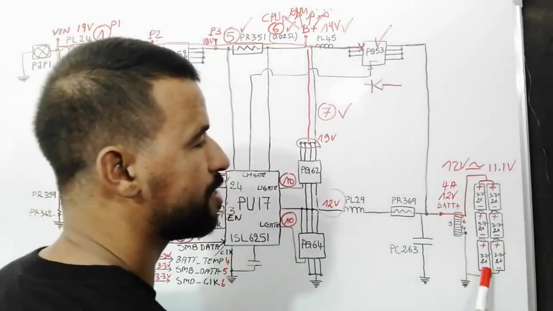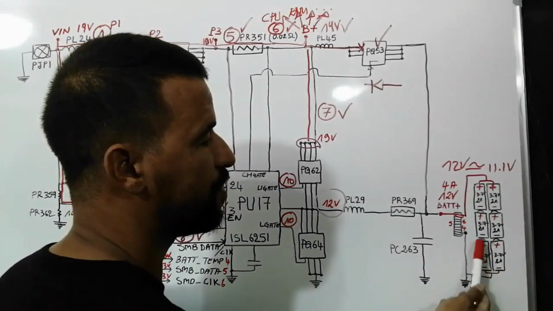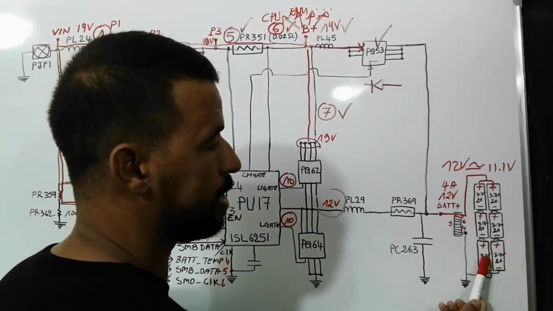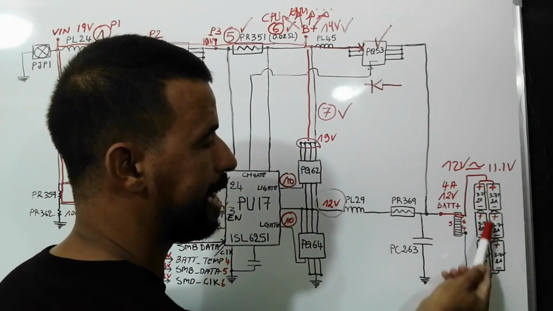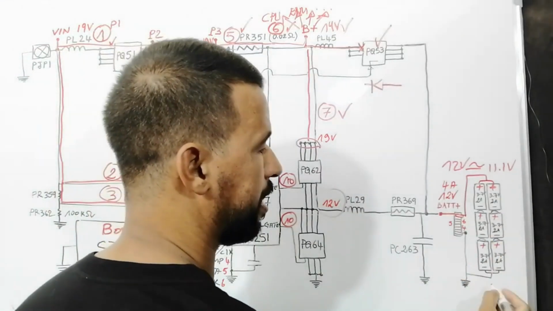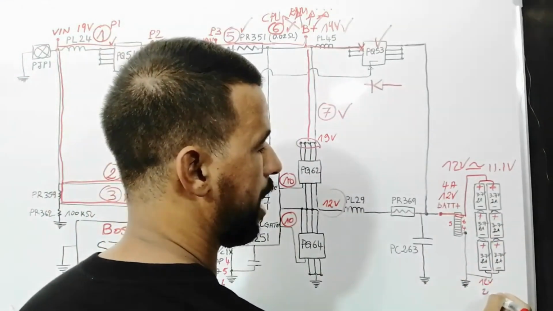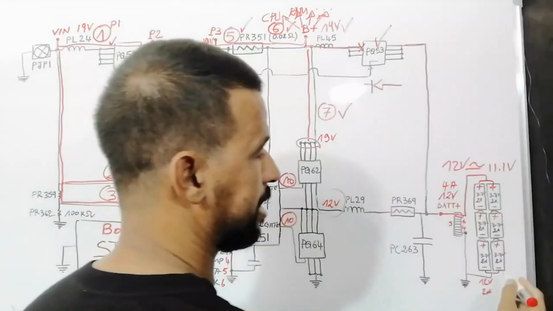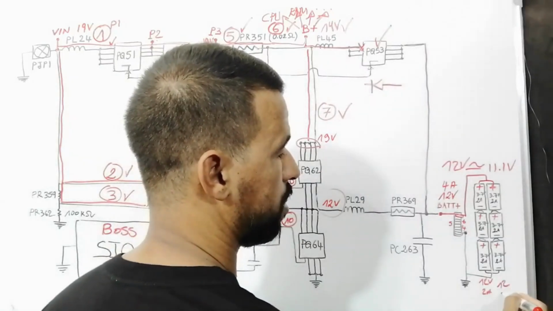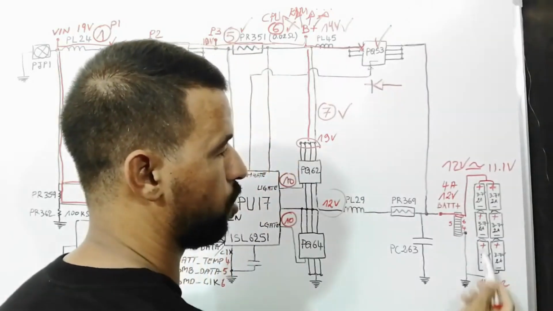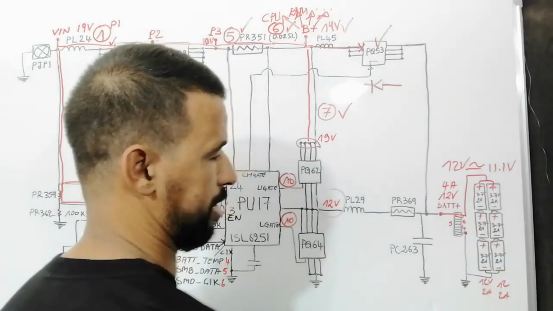We have another arrow here with 3 other cells, which are also in series. So here we have 12 volts, 2 amps, and here we have 12 volts, 2 amps, because those are in series and those are in series.